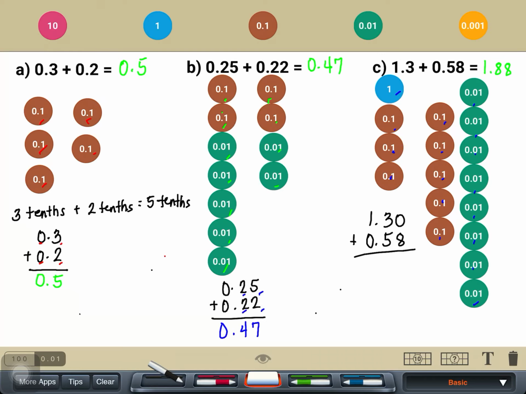And then add it just like how you add whole numbers. So 0 hundredths plus 8 hundredths is 8 hundredths. And then 3 tenths plus 5 tenths is 8 tenths. And then the decimal point right there. And then 1 whole plus 0 is 1. So the answer is 1 and 88 hundredths. Okay, so that's how we add decimals.